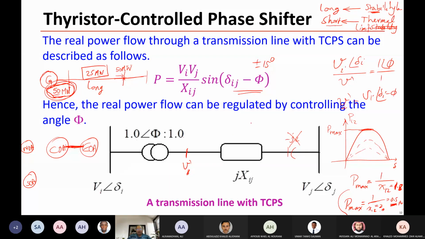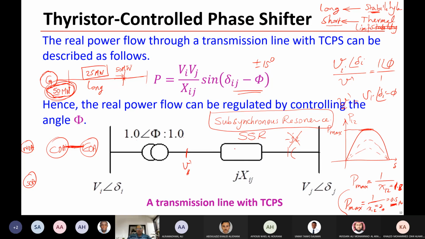Hussein, this study is called subsynchronous resonance, SSR. You have to study this subsynchronous resonance.